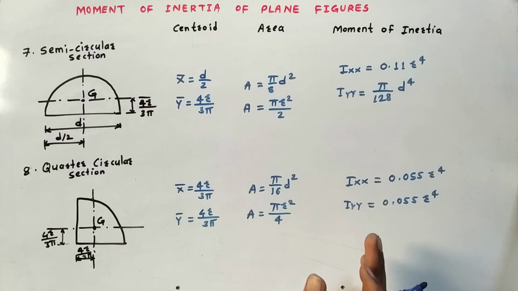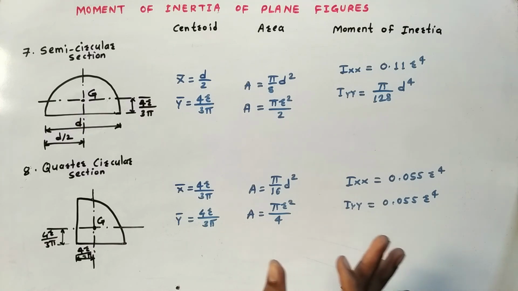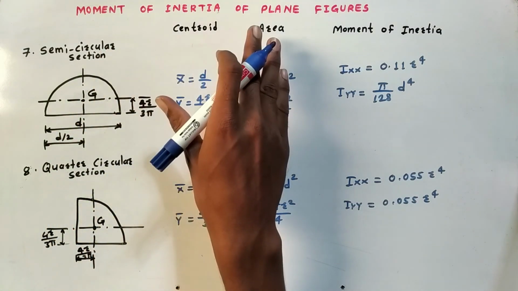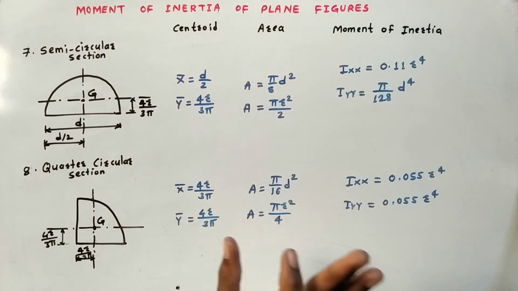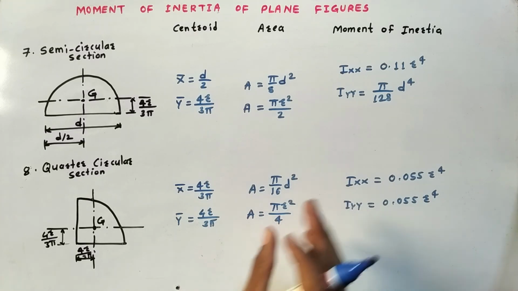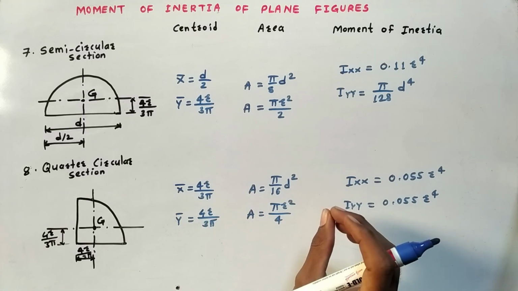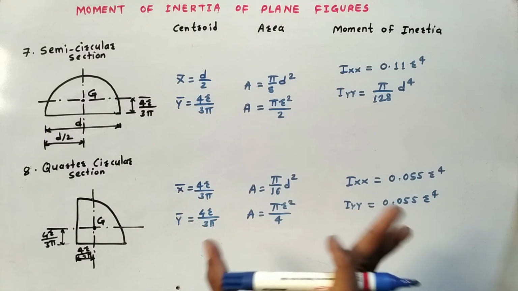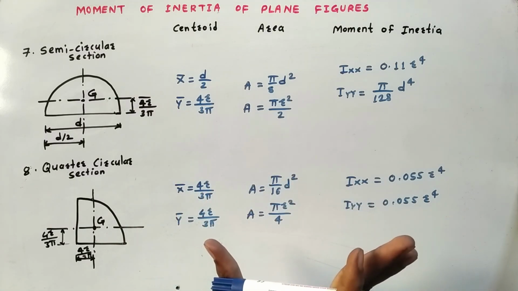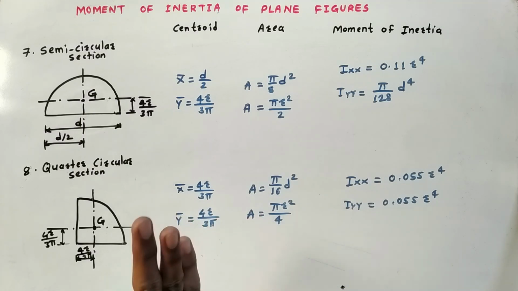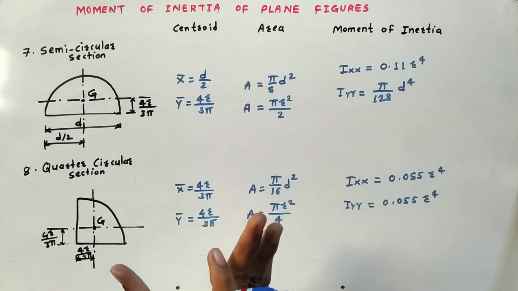Now remember my friends, we have seen up to 8 sections, that is basic plane figures or basic plane sections or basic plane areas or basic plane laminas. Other than these 8 figures, there is no other basic figure. So only these 8 are the basic figures.